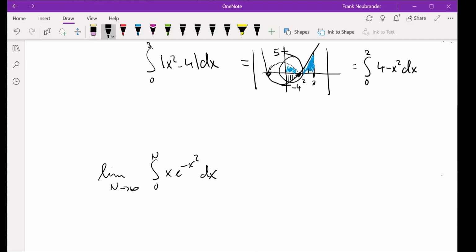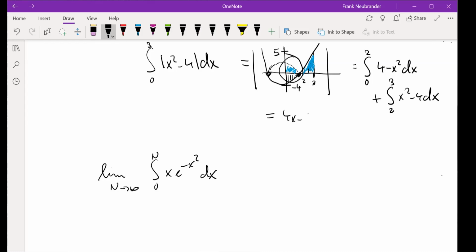In between 2 and 3, x squared minus 4 is positive. Now you have the integral from 2 to 3 of x squared minus 4 dx. And now I leave it to you. You can turn on your calculator and figure out what this integral is, or you just do the antiderivatives.